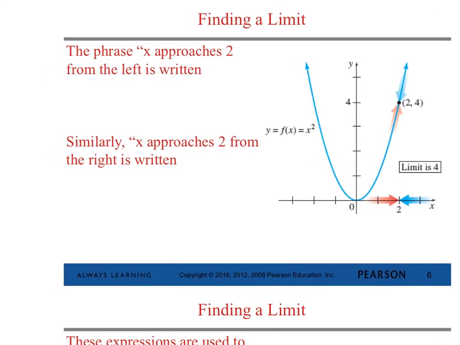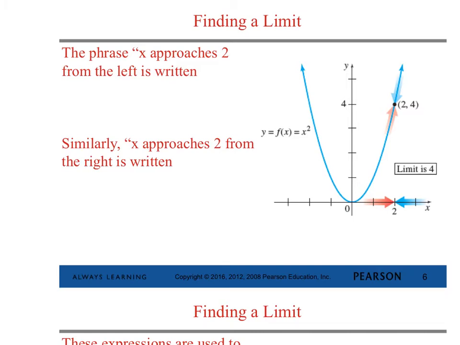But for now, to pursue this problem a little bit further, just a reminder, the phrase x approaches 2 from the left is written x approaches 2, and from the left is always negative, and x approaches 2 from the right is always written positive.